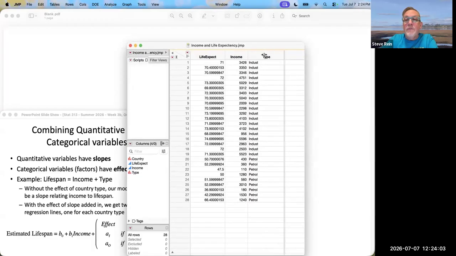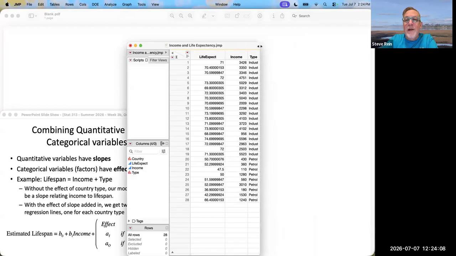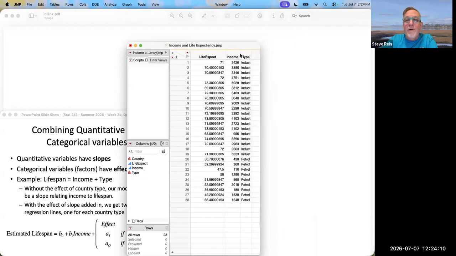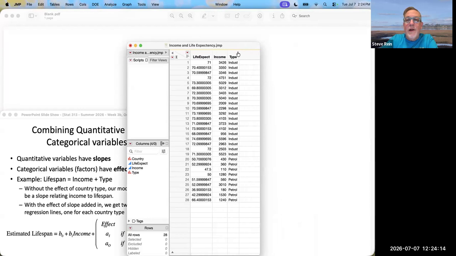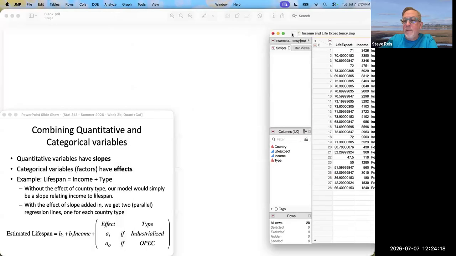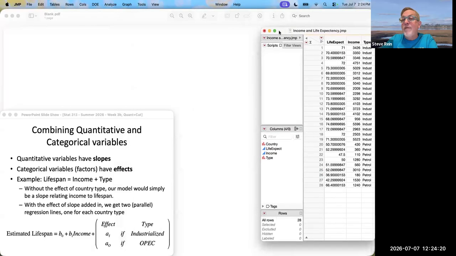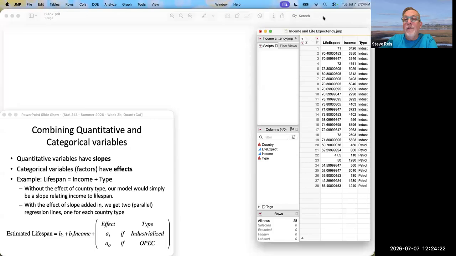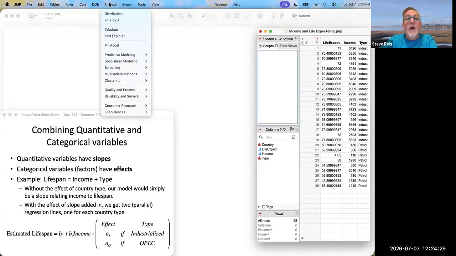Okay, so I've got my variables here off to the side, and under analyze, we're going to fit model like before.